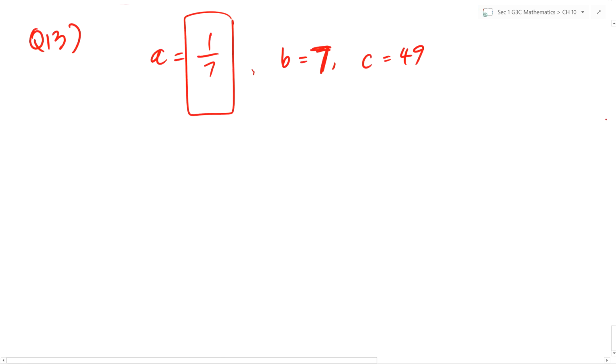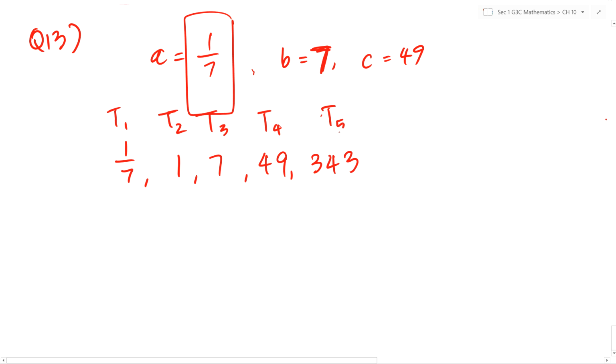Okay, in order to do that, we start with 1 over 7. This is 1, 7, 49, 343. This is term number 1, term 2, term 3, term 4, term 5. Okay, and what is my term n?